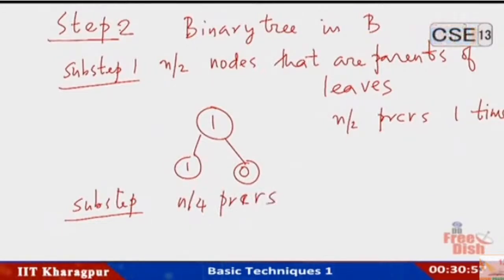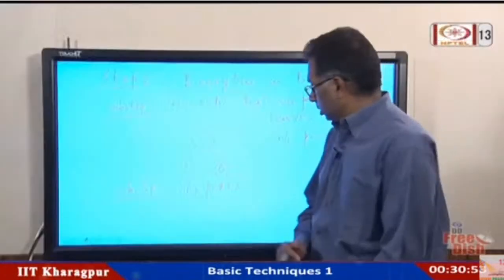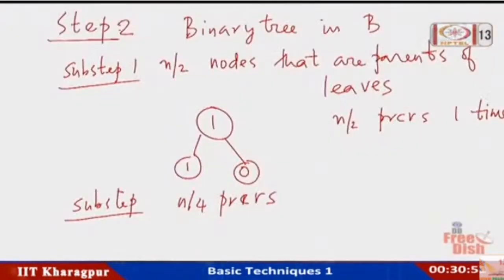These n by 4 processors will occupy the parents of the nodes which were computed in the previous substep, and these nodes can again be filled in unit time. So the second step can be executed using n by 4 processors in 1 unit of time. This is the second substep.